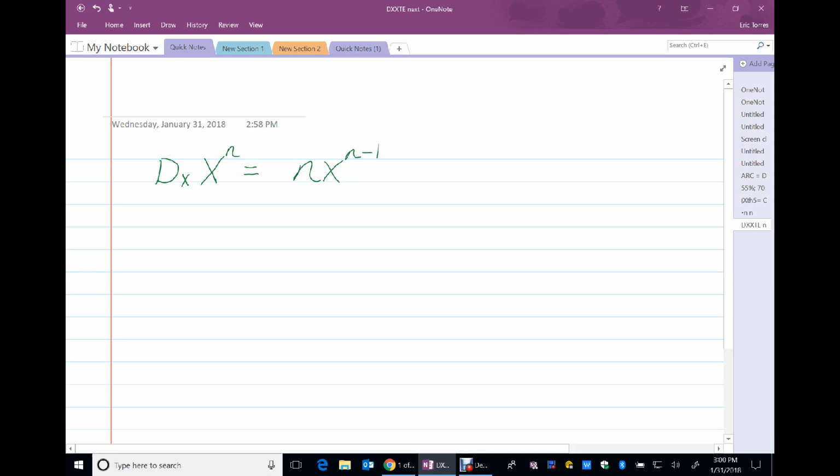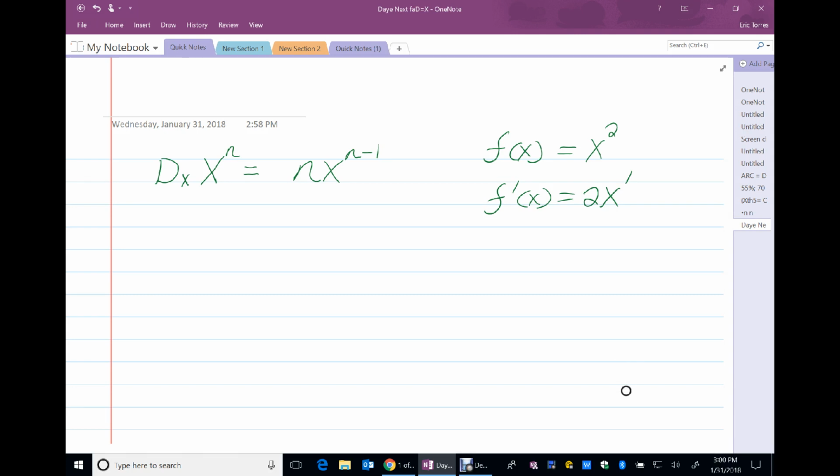An example of this may be if I had the function x squared, its derivative should look like, well, n is 2, so I'm going to multiply that. And then it tells me to subtract 1 from n, so I'll end up with the derivative of f of x equals 2x is simply 2x.